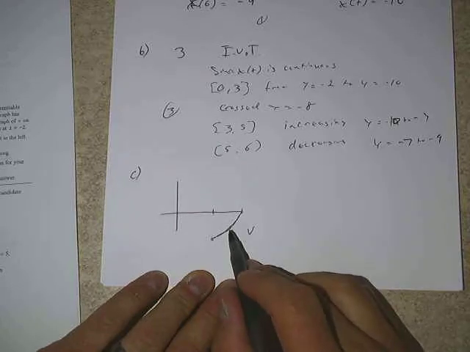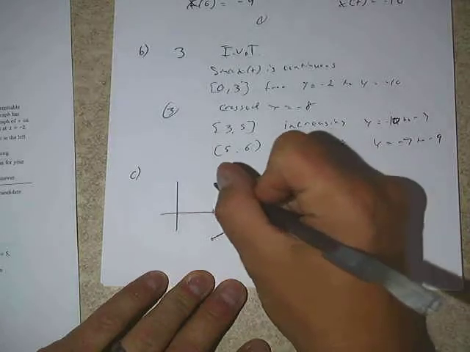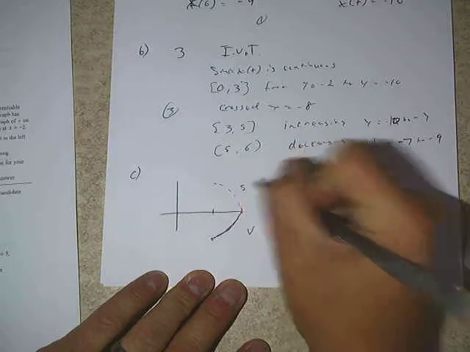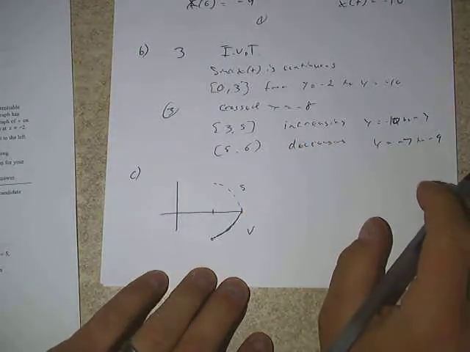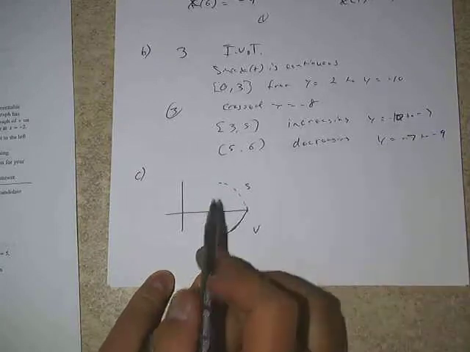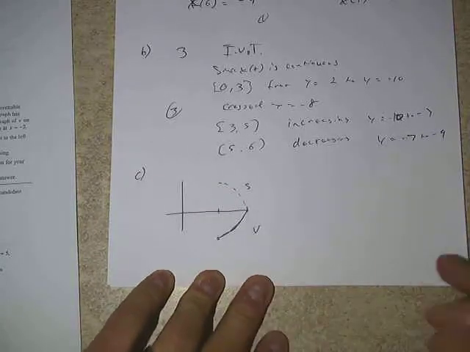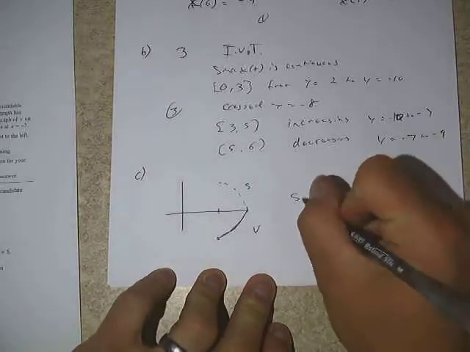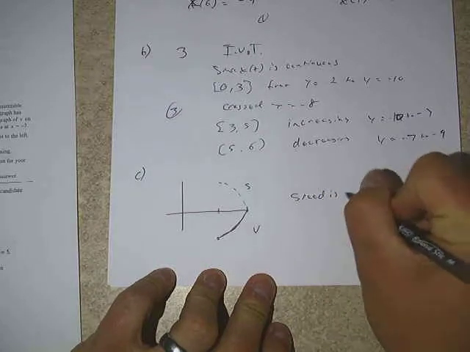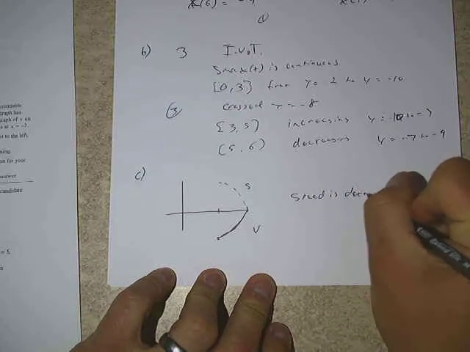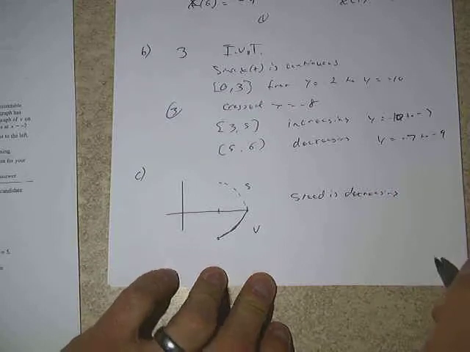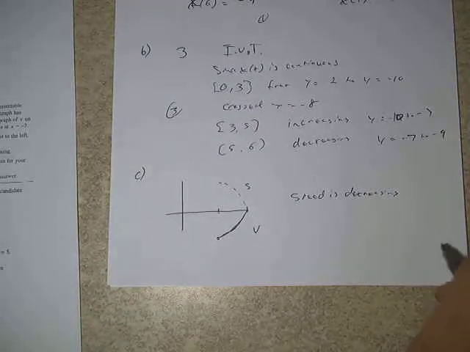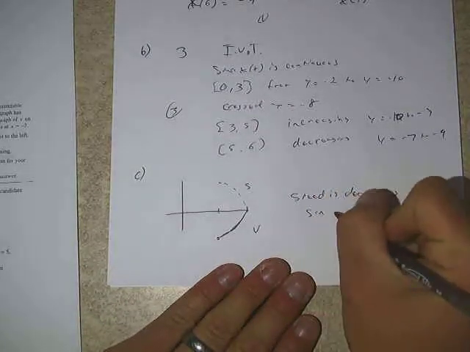So remember, this is a picture of the velocity. True? How could we make this a picture of the speed? Absolute value. And what's that going to do to this part of the curve? That's going to make it go up here, isn't it? So that's actually our speed curve. And so remember the question is, is the speed of the particle increasing or decreasing? What's going on with the speed? Yeah, it's decreasing. So we'd say speed is decreasing.